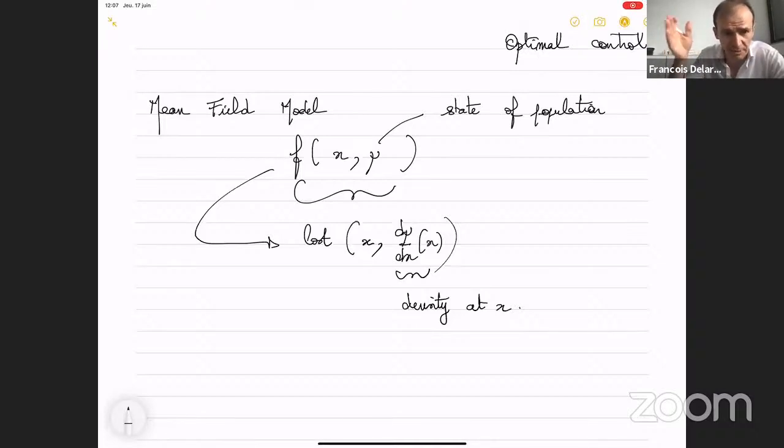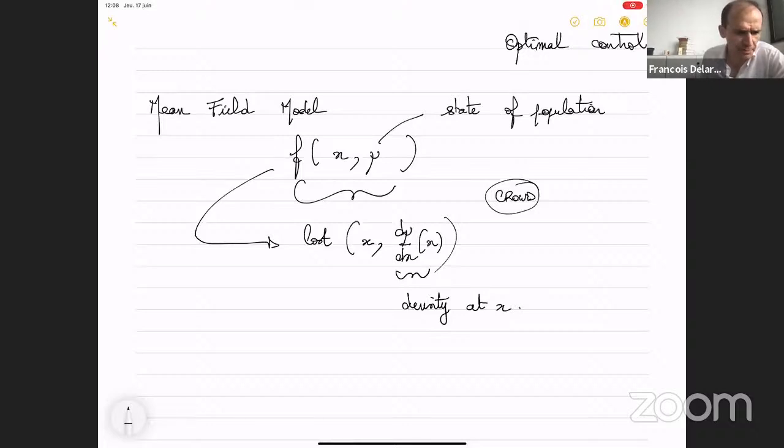And indeed, this is what people use in crowd models. There are plenty of people studying crowd models within MFGs. And most of the time, these are people from the PDE community, because for them it is really natural to use the density as a mean field interaction.